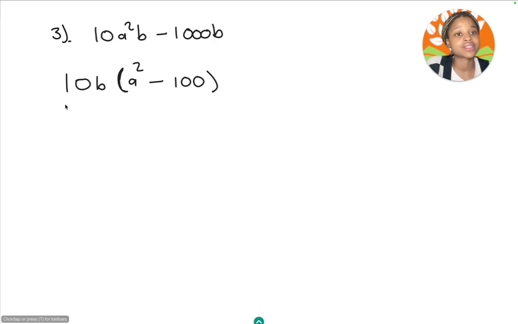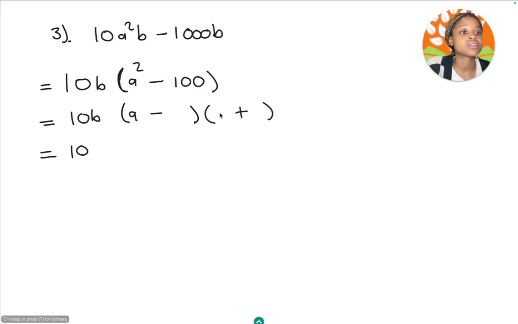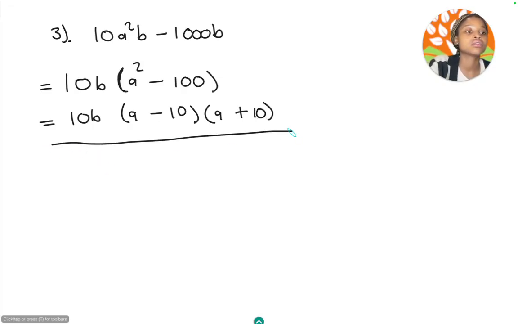There's a minus sign, so yes, that is in fact a difference of squares. So we've got 10b, then we have our 2 brackets, one with the plus sign, one with the minus. And then this is going to be a, this is going to be a, 10, 10. And that is our answer.